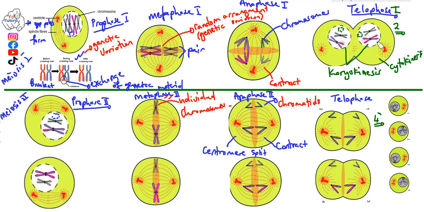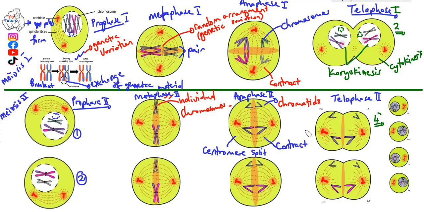Remember, here we formed 2 daughter cells, and those 2 daughter cells go through meiosis 2 with prophase 2, metaphase 2, anaphase 2, and telophase 2, and each of them will give 2 daughter cells. When you add them together, it's 4.